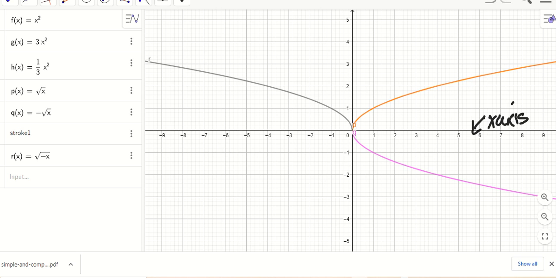Boom. You see how it looks? This green one is now reflected across the y-axis. Make sense? So negative on the inside of the function, we reflect across the y-axis. Negative on the outside, we reflect across the x-axis.